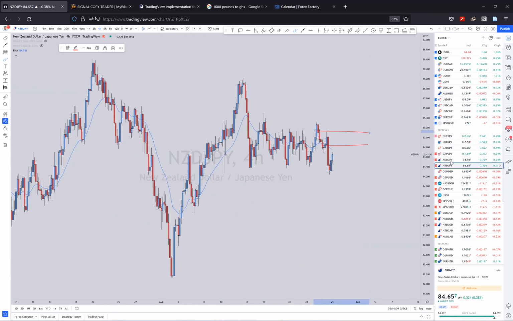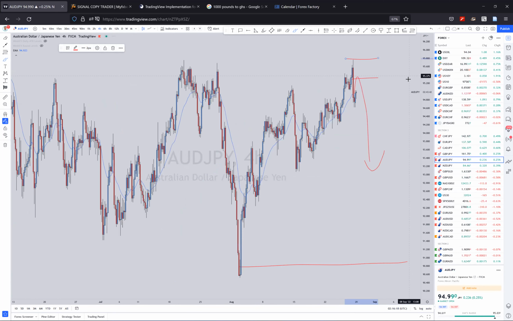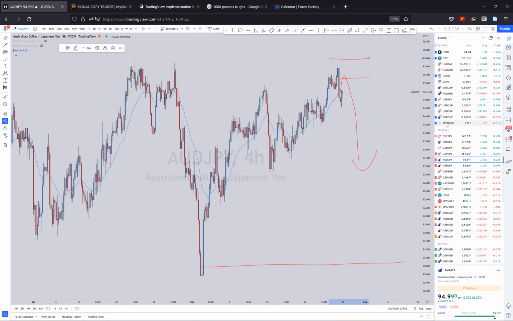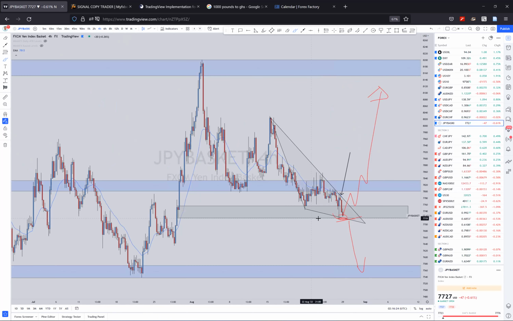NZD JPY and AUD JPY look like they are setting up for some sort of reversal here, but we'll keep an eye on that. And also see how the JPY basket reacts to this current zone here.